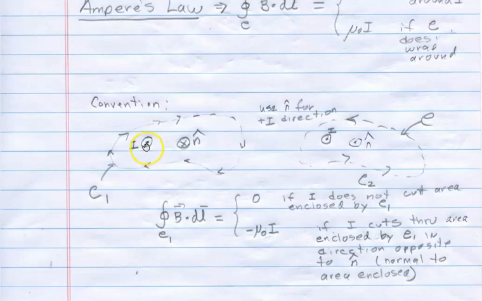So if the current is flowing through the area enclosed by the curve in the opposite direction to its normal, then we would call that a negative current. If it's going in the same direction as the normal to the area enclosed, that would be called a positive current.